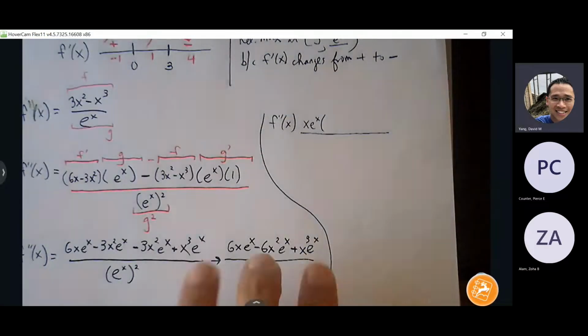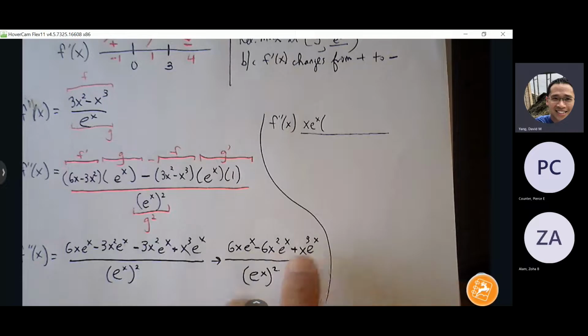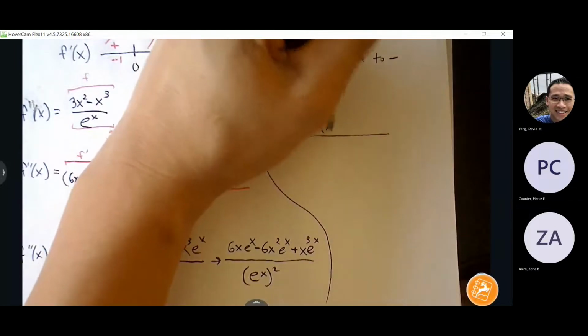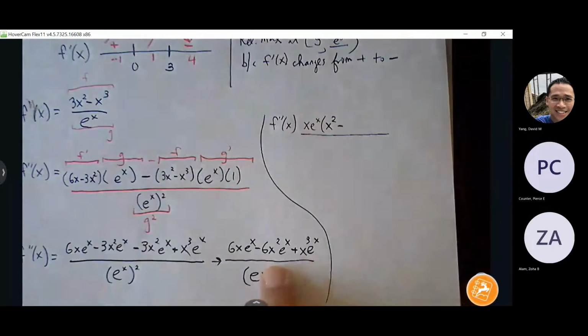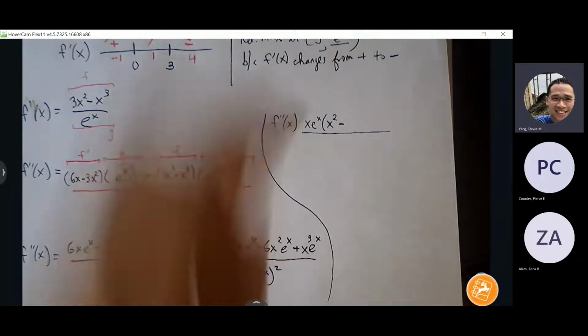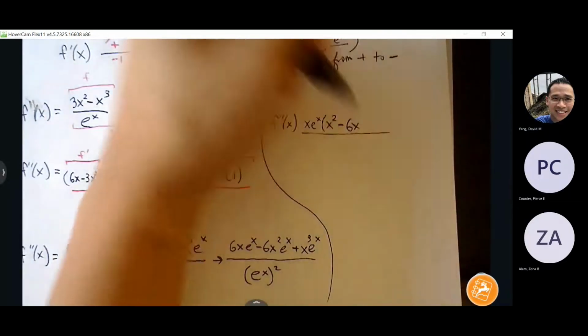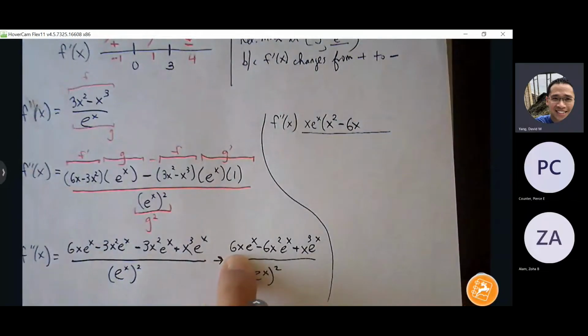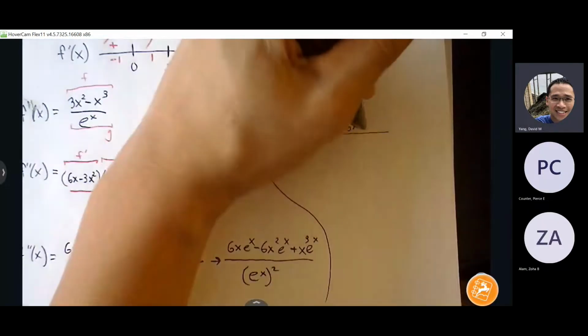If I divide out x e to the x from every term, I'm going to start with this one here. I'm left with x squared. If I divide out x and e to the x, I'm left with just minus 6x. Divide out x and e to the x, I'm just left with plus 6.